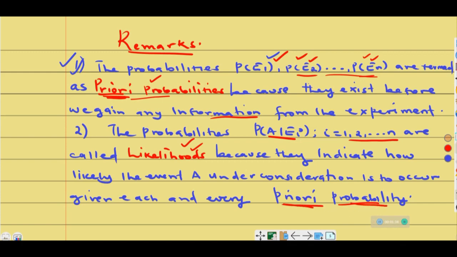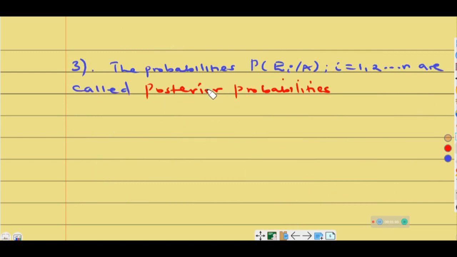And lastly, we look at the probabilities P of Ei given A. These are the ones that we obtain after the experiment is done, and these will be called the posterior probabilities.